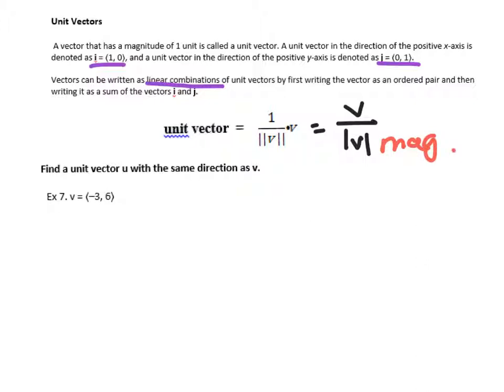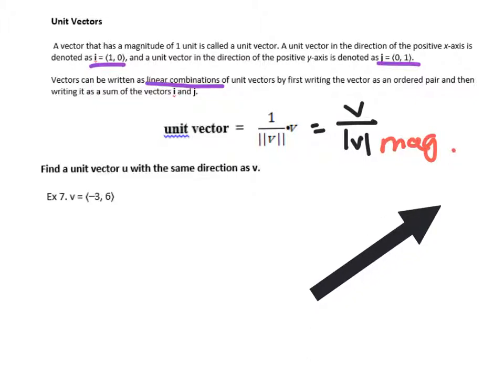Because you're taking something that is this length from here to here, and you're shrinking it down. Let me do an arrow and I'll show you. You're taking something over here that's this length, let's say a length of 5, and you're squeezing it down to a length of 1.